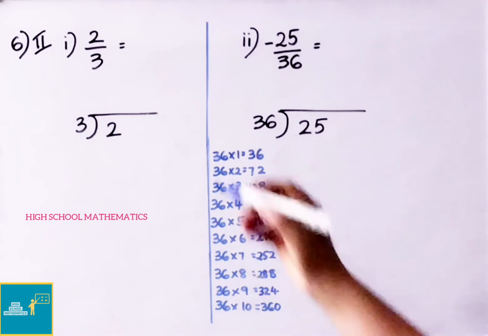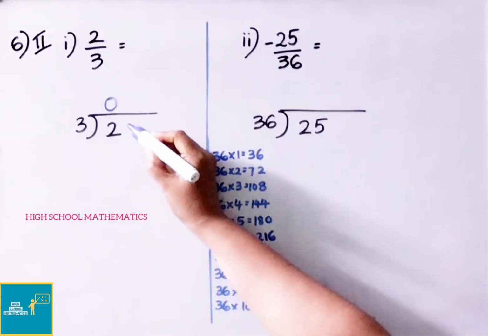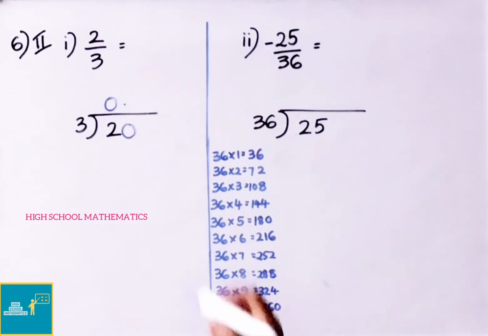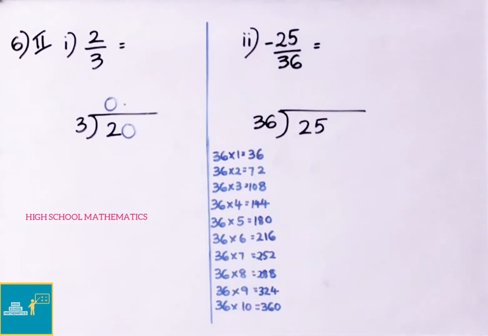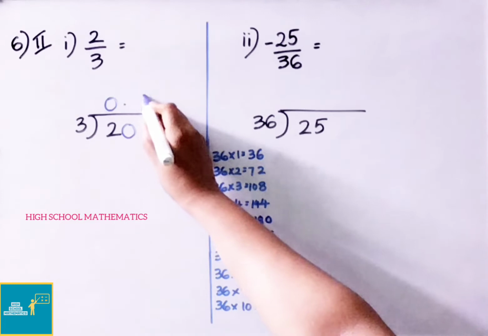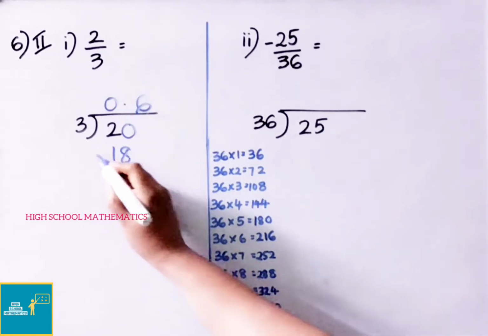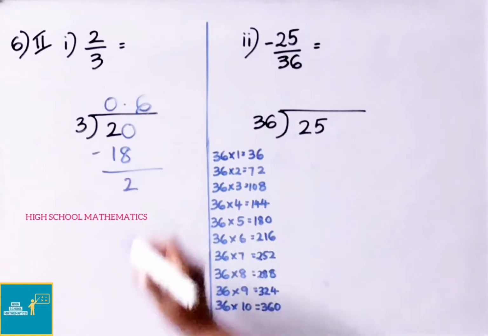At that time, we write down 0 in the quotient, add a 0 here and give a decimal point. Now the number is 20. 3 table, 3 sixes are 18. So write down 6 here, and write down 18. Now we do the subtraction: 20 minus 18 you will get 2.